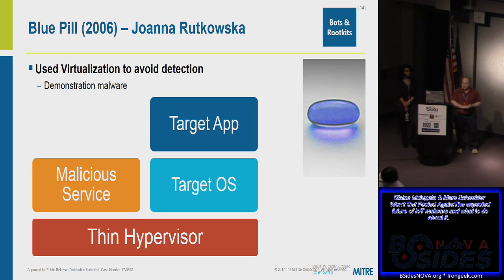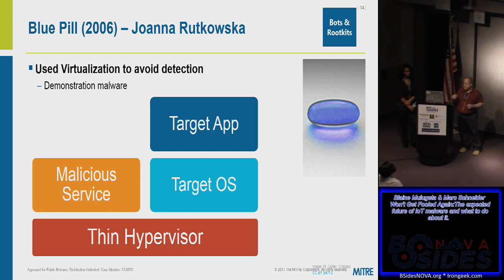So I mentioned Blue Pill for a little bit. Blue Pill is a really interesting piece of malware. Joanna Rutkowska, I hope I pronounced her last name correctly, is a Polish cybersecurity researcher and entrepreneur. And she wrote a paper and developed a program called Blue Pill in 2006. So what Blue Pill did is it inserted a very thin hypervisor between the operating system that was supposed to run on the machine and the actual operating system.